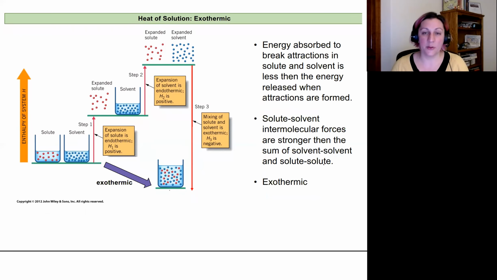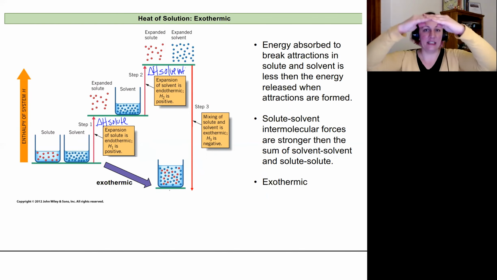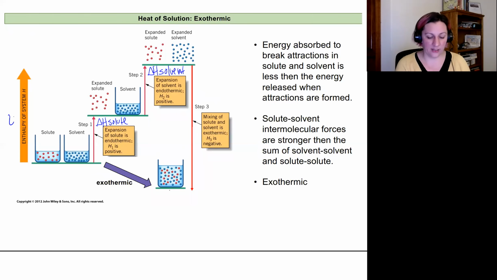And let's start with exothermic. So again, we have our enthalpy of solute first, followed by our enthalpy of solvent. And we're putting all this energy in to break these intermolecular forces. And then when we combine them and we see how the solute and the solvent interact with each other, and it lowers, so then it releases energy, it'll lower it on the energy scale right here.